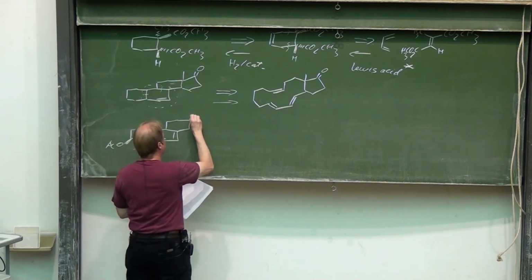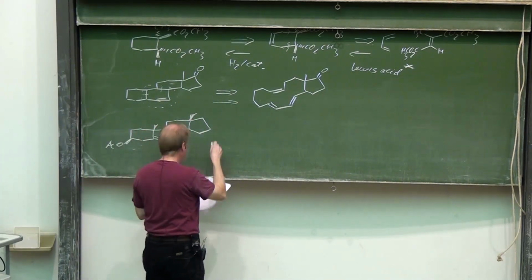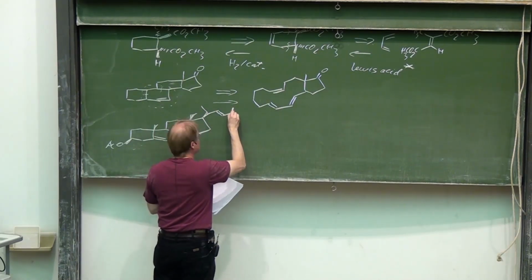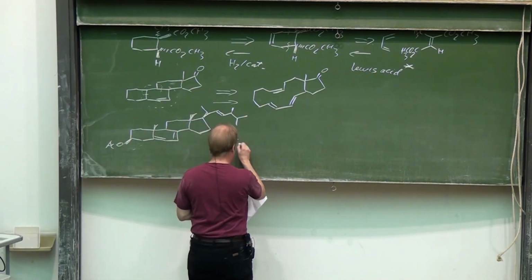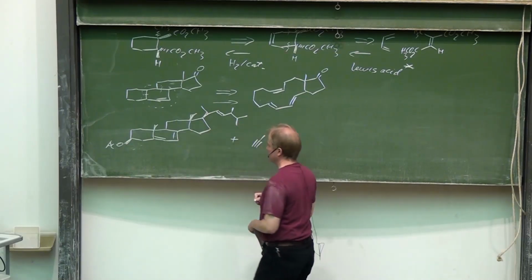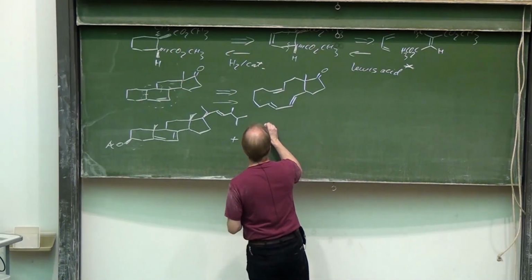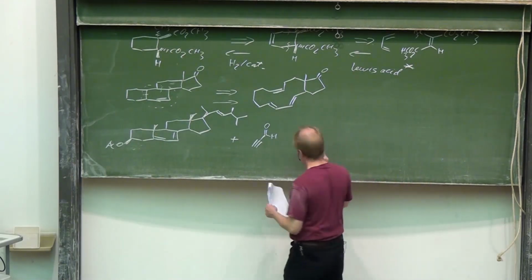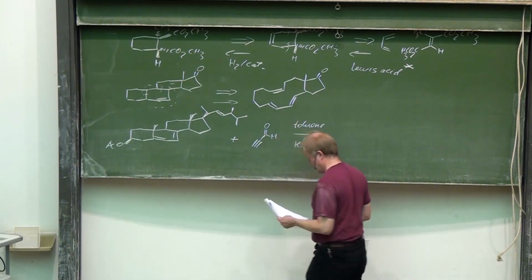He started with this diene, the steroid, and let this react with propargylic aldehyde just in toluene at reflux temperature.